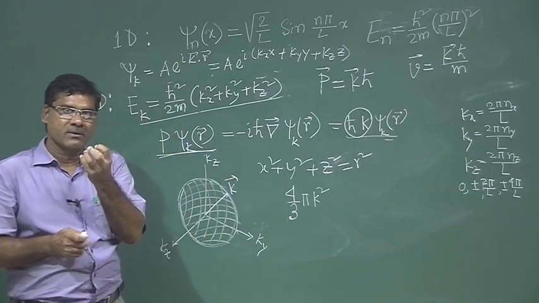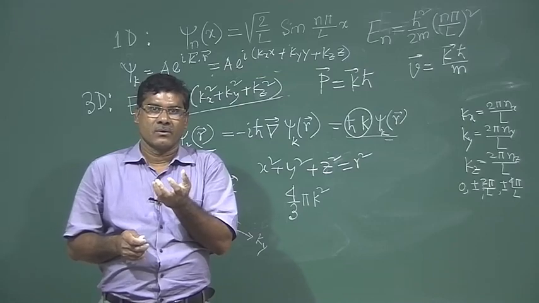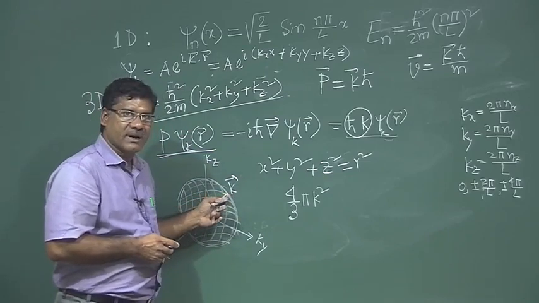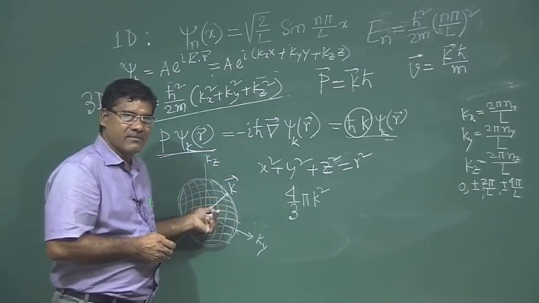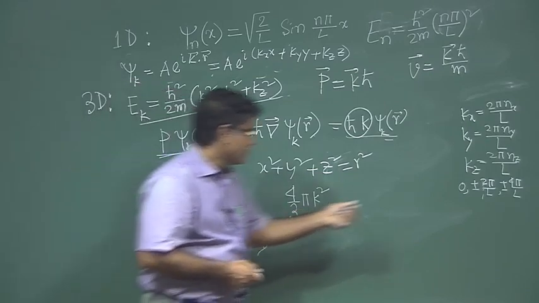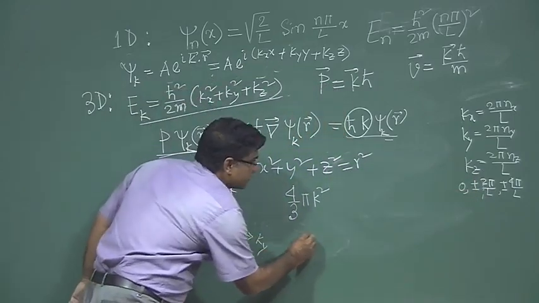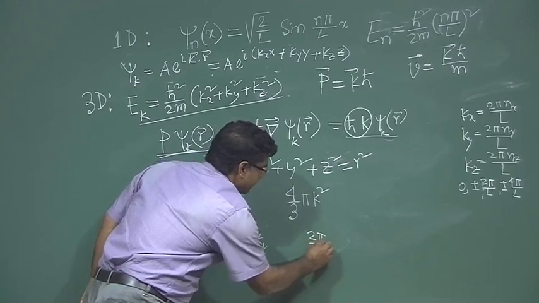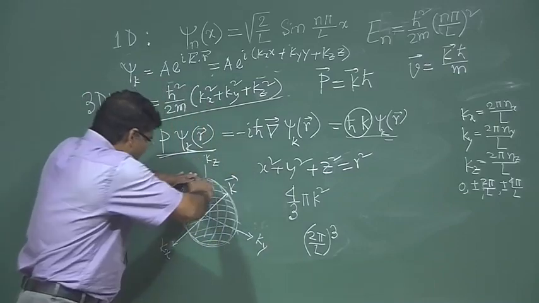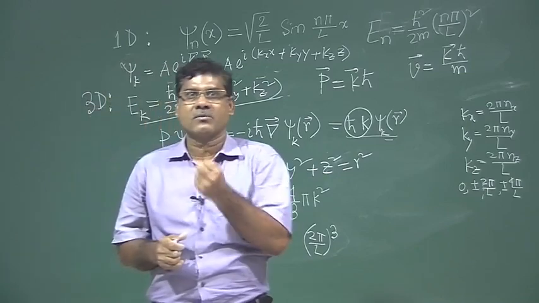In that volume you will get only one set of Kx, Ky, Kz, or a particular wave vector K. So, the smallest volume is 2 pi by L whole cube. So, within this sphere, how many elementary volumes are there?